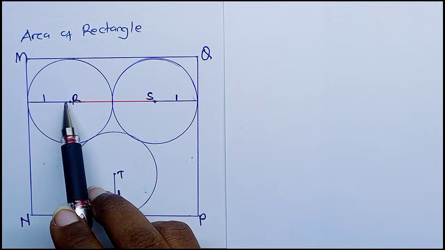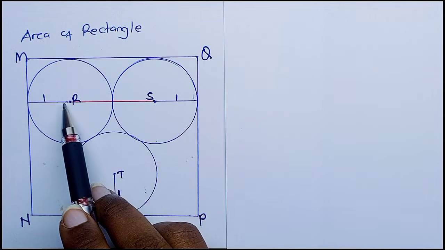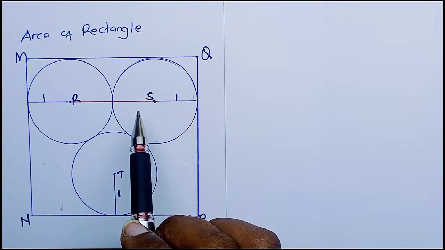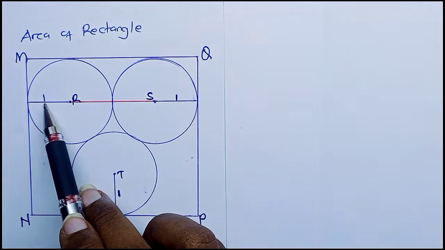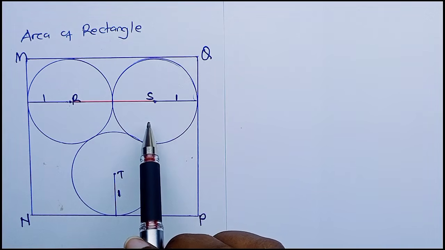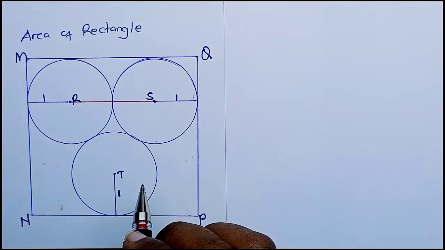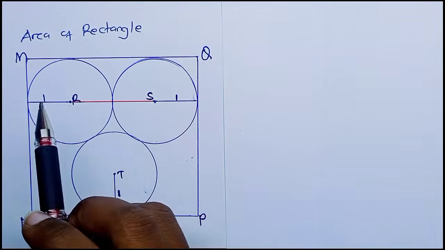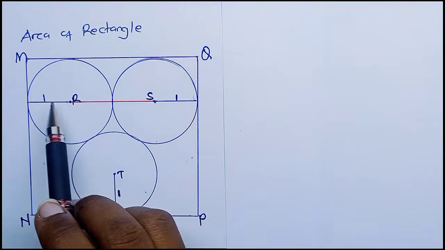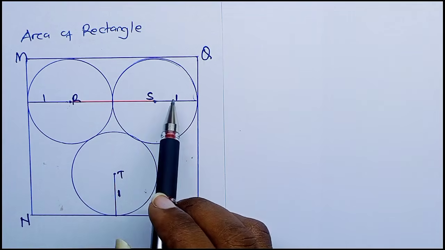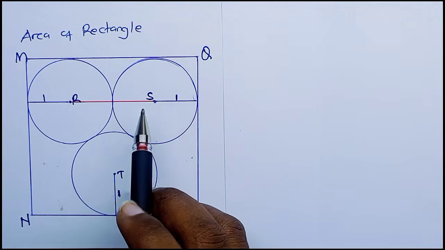As you can see, we come up with a long straight line that combines two diameters. So it combines the diameter of this circle and the diameter of this circle. Now, since the radius of each circle is 1, from here to point R is 1, from R to this point is 1, from here to here is 1, and also from here to here is 1.